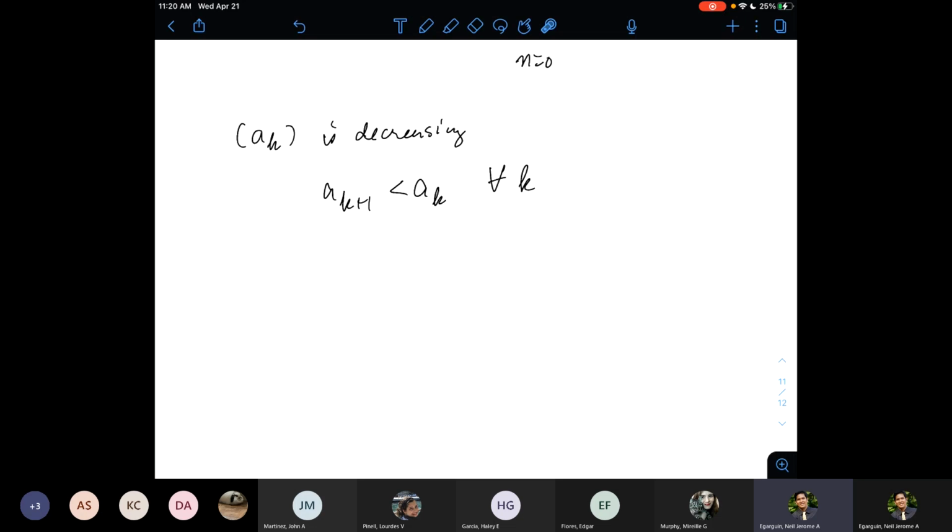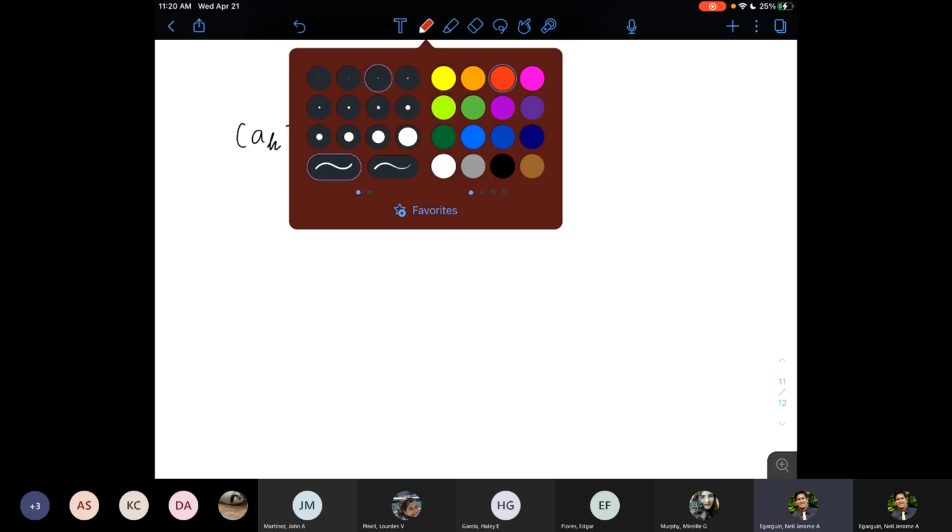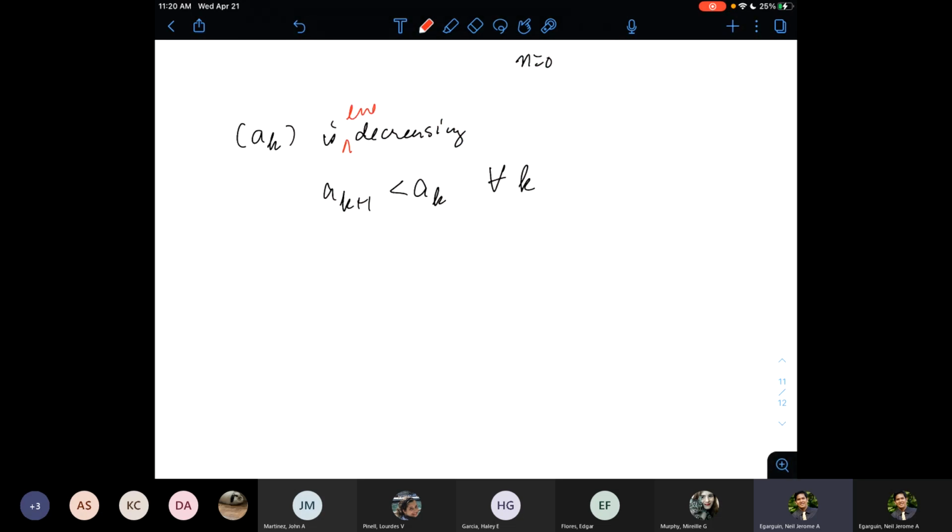But the more general statement of the alternating series test is not this strict. Some versions just require that a sub k is eventually decreasing. And if that's the case, then your observation horizon is acceptable.